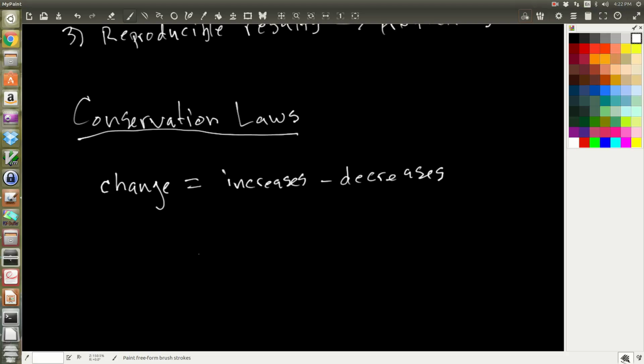Let me give you a simple example. One simple example is if you have a four-way pipe junction with flow. So maybe you have something that looks like this.